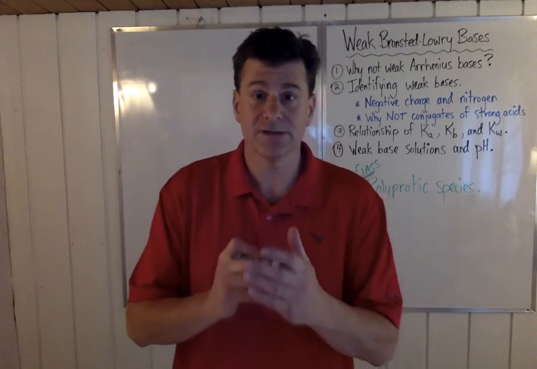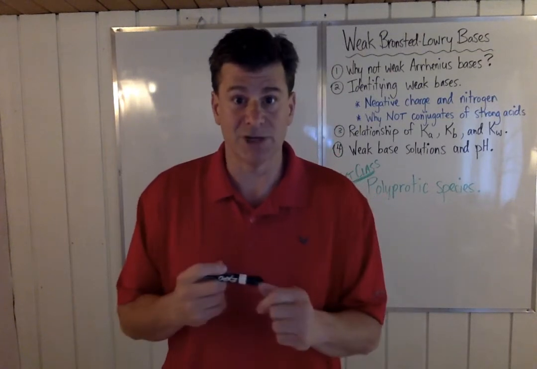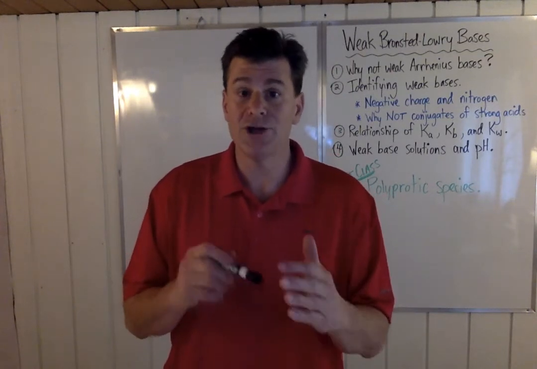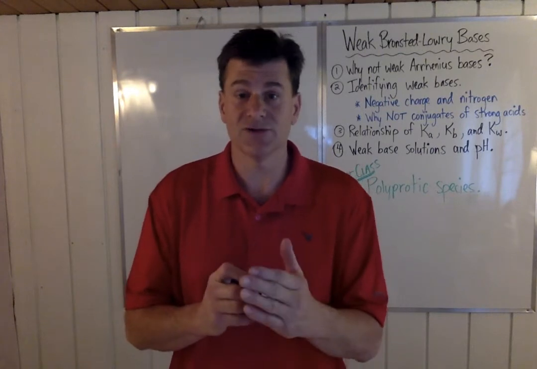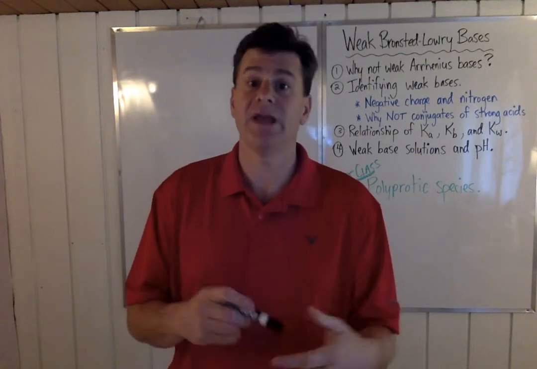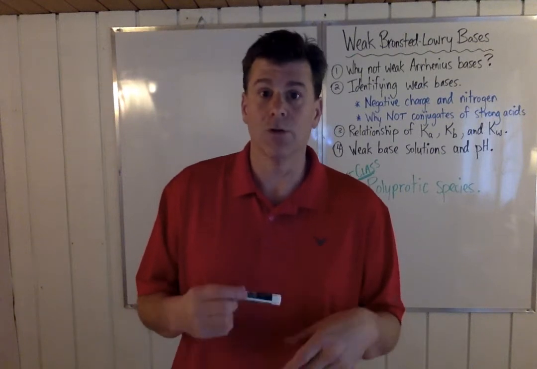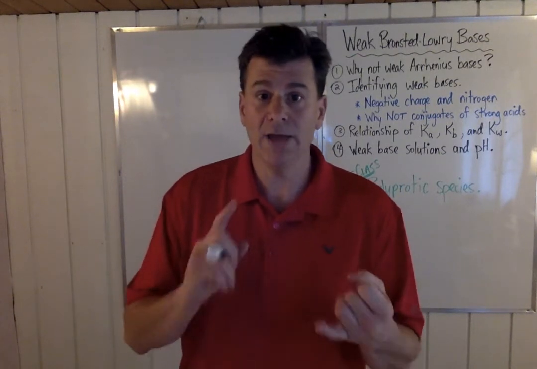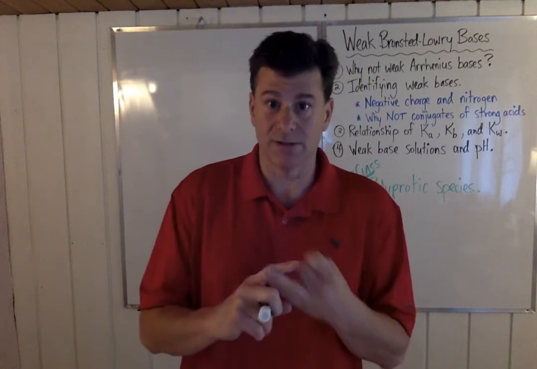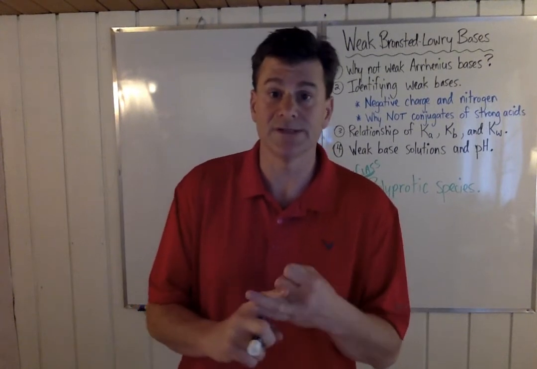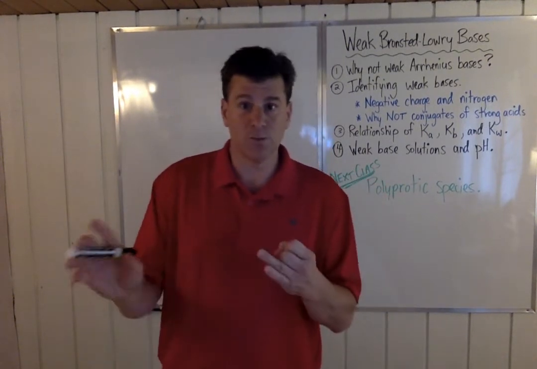You'll notice that the second blue star over my shoulder says, why not the conjugates of strong acids? So there's a group of negative ions that don't do that. We'll make sure we know why, and which ones, so that we're looking out for those, because those will be taken out.